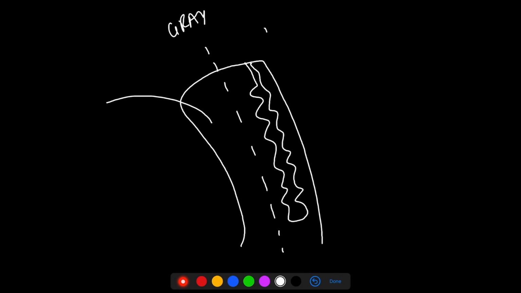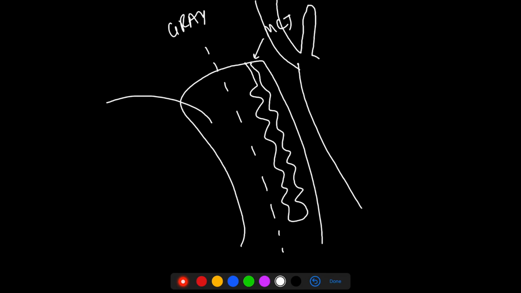The mucocutaneous junction lies just posterior to the meibomian gland orifices, and it is the mucocutaneous junction which actually comes in contact with the cornea, particularly at the limbus where the stem cells are there, and therefore it is absolutely essential for the posterior lid margin to be covered by normal non-keratinized epithelium.